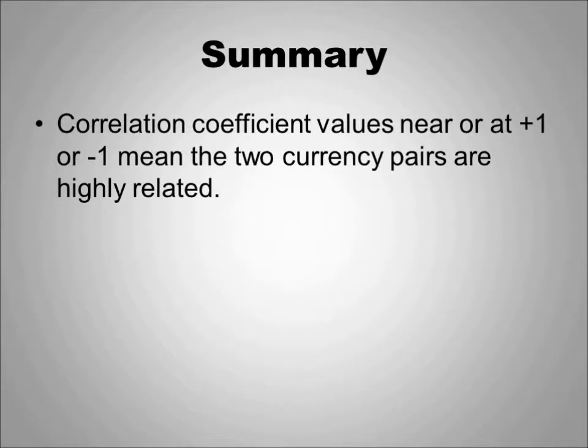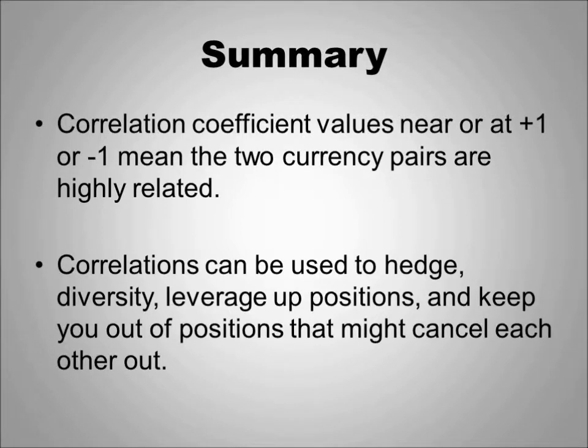I'm also going to show you so many different currency pairs that historically or traditionally move in the similar direction or the opposite direction. But first, you do have to realize that correlation coefficient values near or at +1 or -1 means that the currency pairs are highly related, as we pointed out.